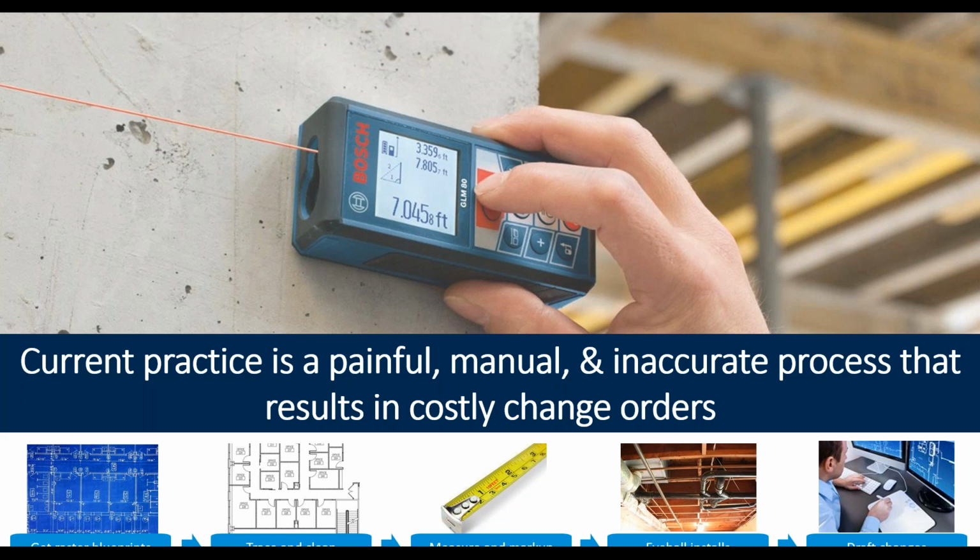You need to measure and mark up. Eyeball installed: I have seen this a lot in construction, where you look predominantly at the ceiling, that's why the image has that, and you say, this needs to go somewhere along there. It's not very accurate, and of course this affects your operations and maintenance down the line. Drafting changes for this is also really difficult.